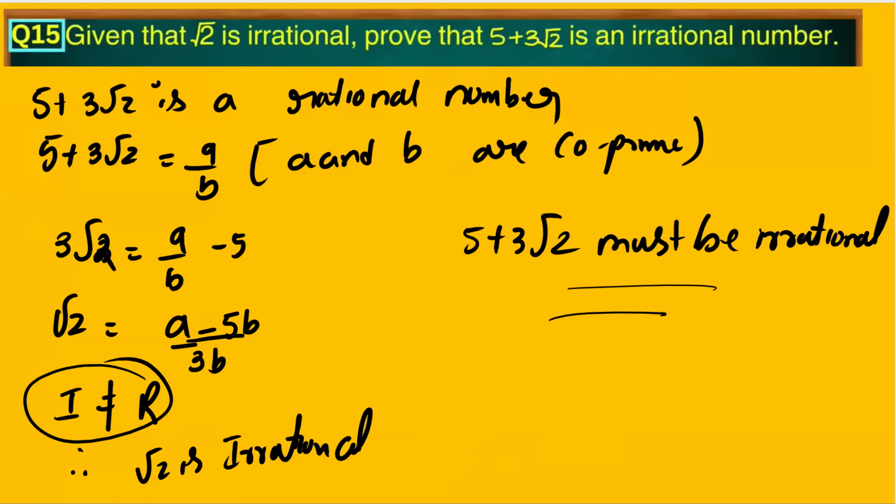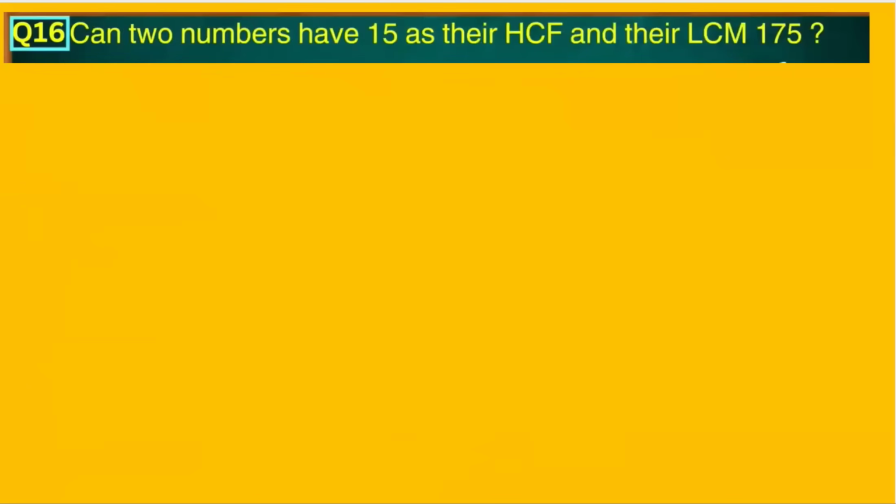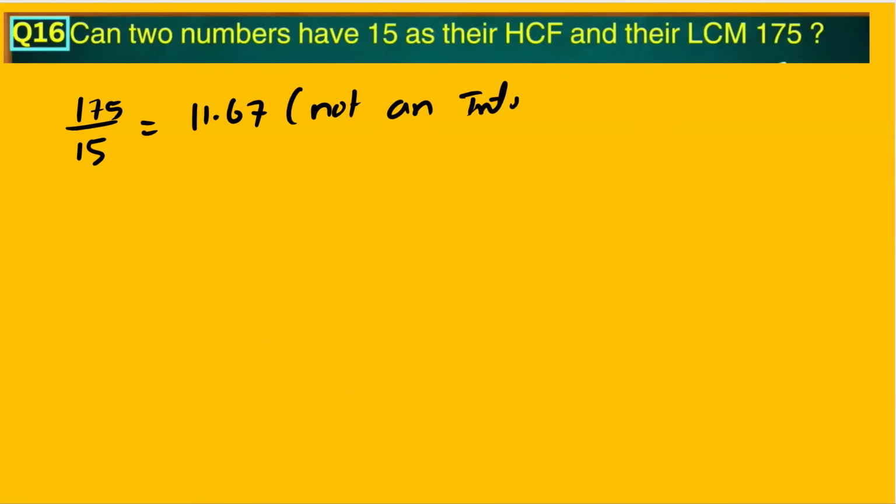Next question, question number 16. Can two numbers have 15 as their HCF and their LCM is 175? First rule: the HCF must perfectly divide the LCM. To check, we divide 175 by 15, which gives 11.67, which is not an integer.